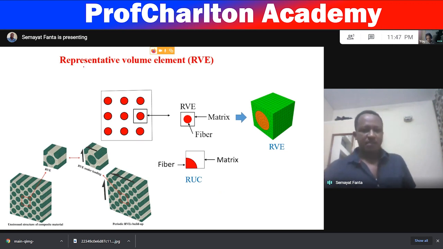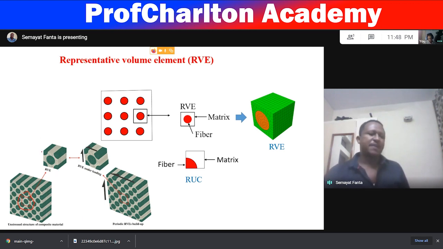So what the representative volume element means is that it is a small part of a given structure. For example, if we take this part from this, we can get a representative volume element, or we sometimes call it a representative unit element.